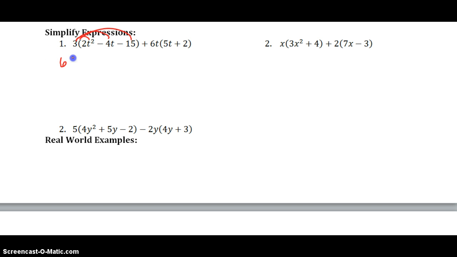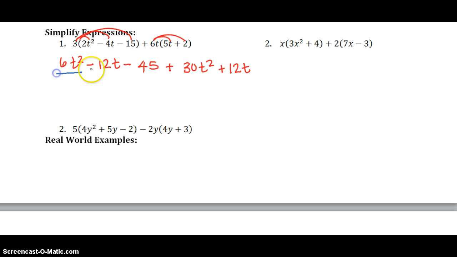3 times 2 is 6t squared minus 3 times 4 is 12t minus 3 times 15, 45, plus 6 times 5 is 30, and t is t squared, and 6 gets multiplied also times the 2, so it makes for 12t. And now we're ready to combine our like terms.